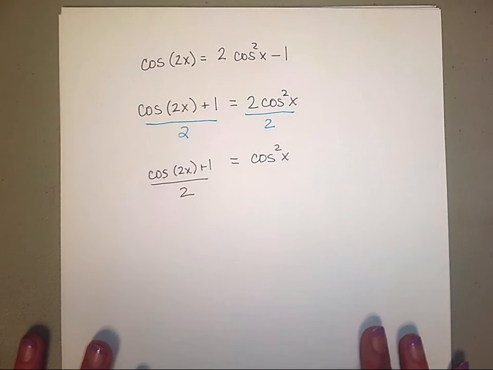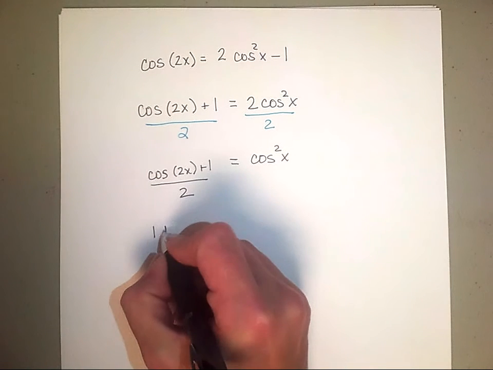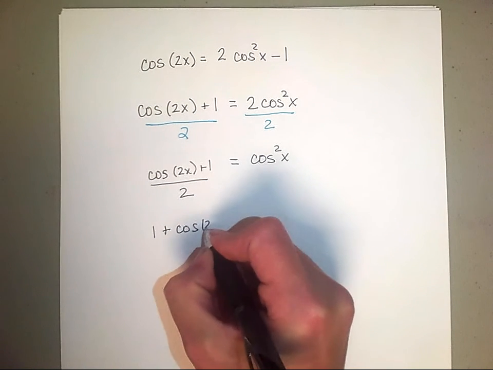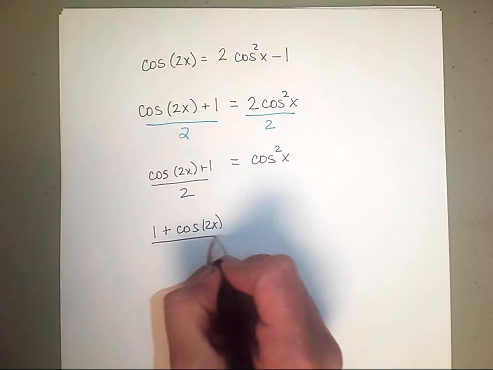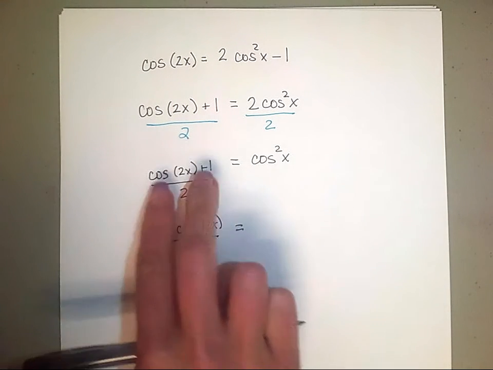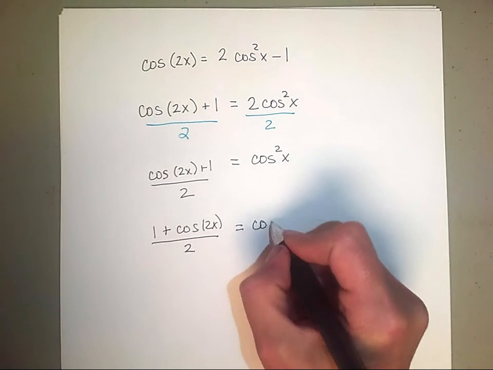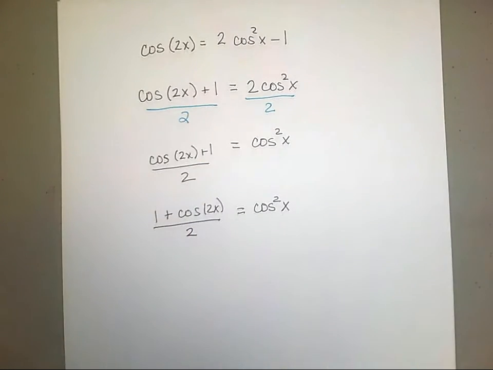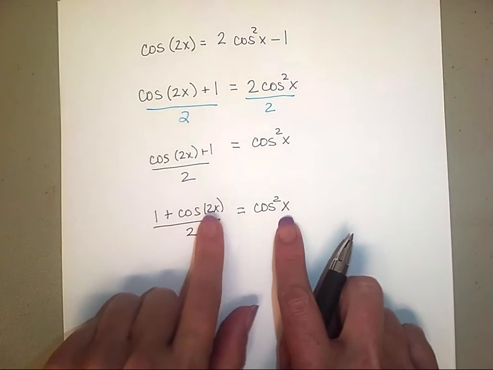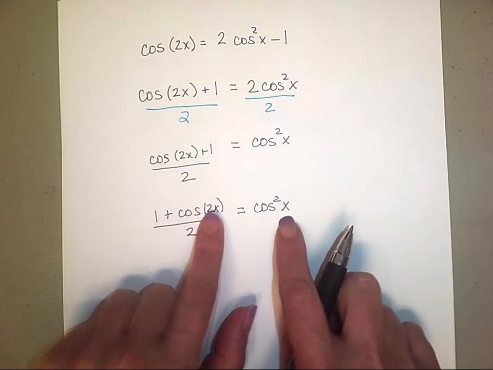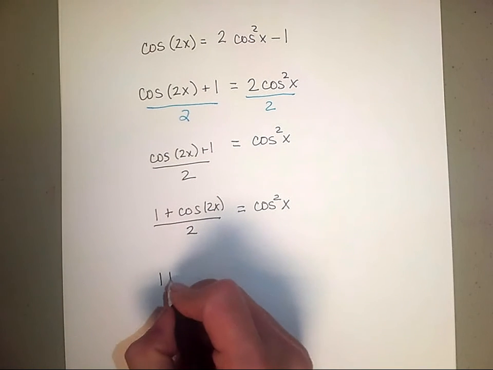Now, we could write this as 1 plus the cosine of 2x. That's fine. Then it looks a little bit more like the other formula because addition commutes. It's not necessary, but we could. Now again, we're looking for a half angle, and this angle is twice as much as this angle, so we'll do the substitution.